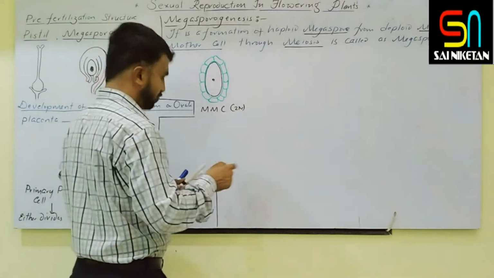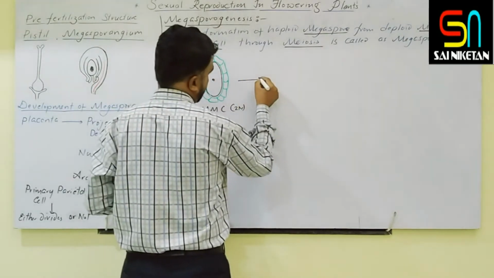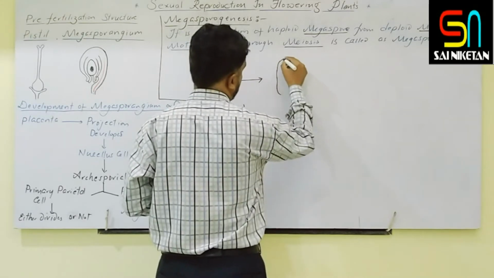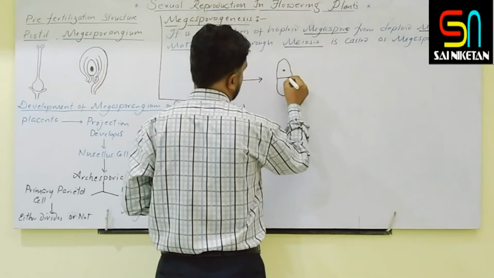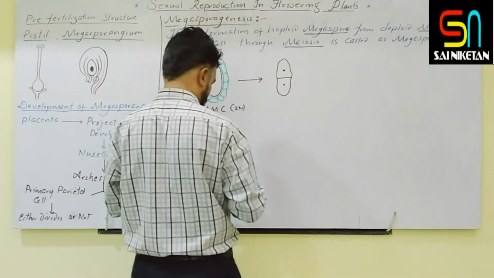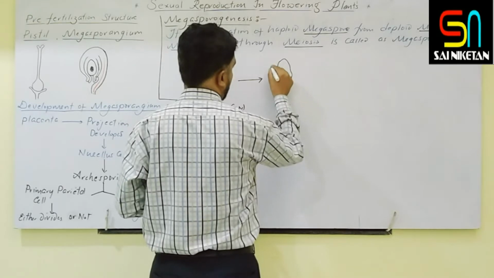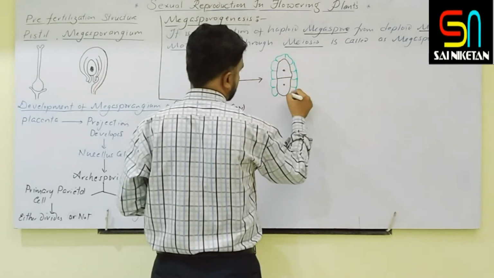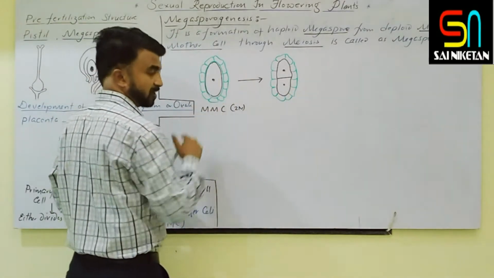Clear? Meiosis means two successive divisions. First the meiotic division takes place and a dyad is formed, meaning two megaspores. The first meiotic division is a reduction division, meaning in this process only the chromosome number is reduced.